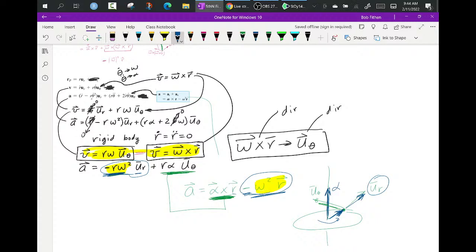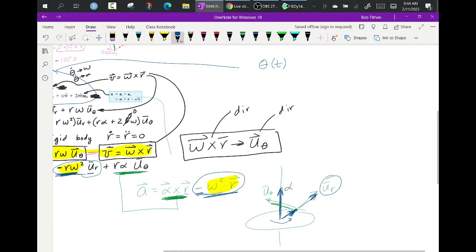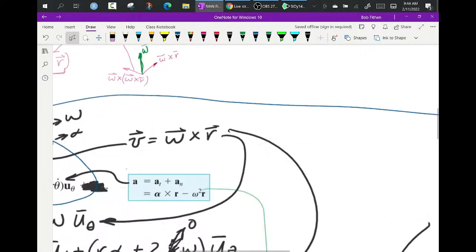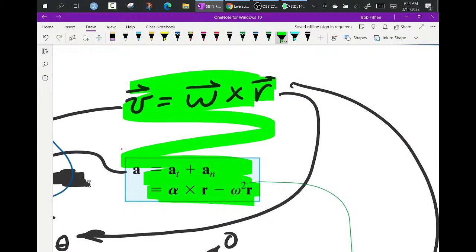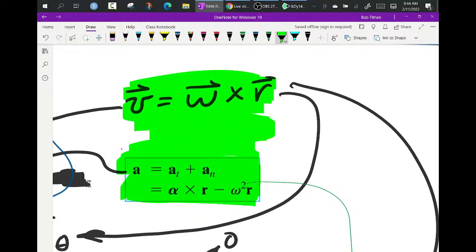The difference is that this representation is explicitly in polar coordinates, while these two equations are general. They can be in any coordinate system, which is a significant advantage over the previous, because they work at all times and aren't focused specifically on polar.